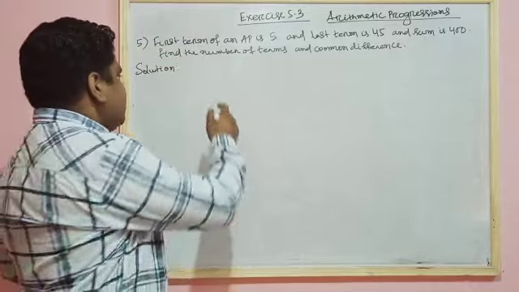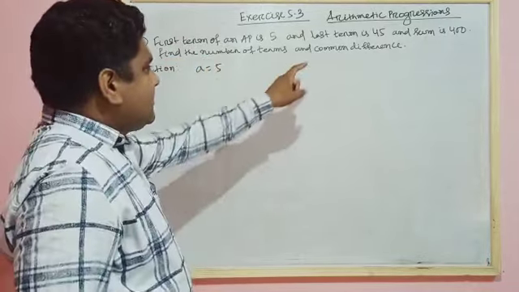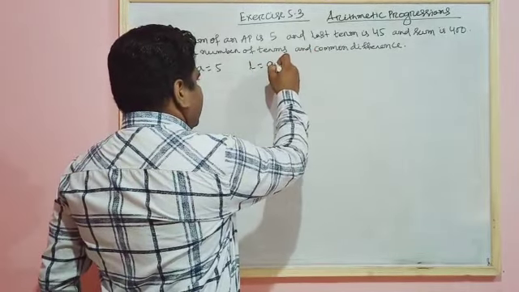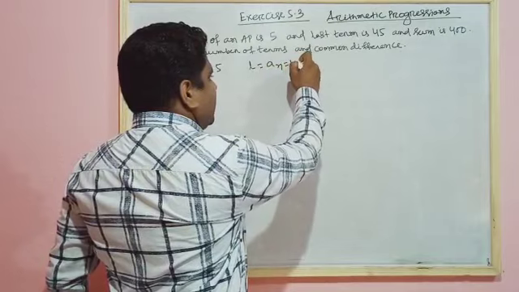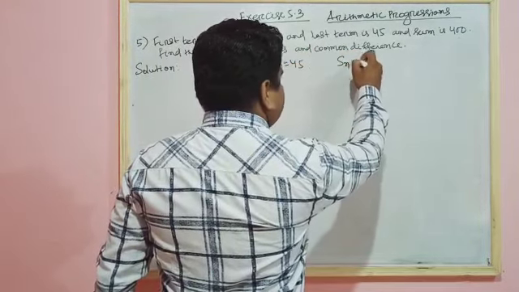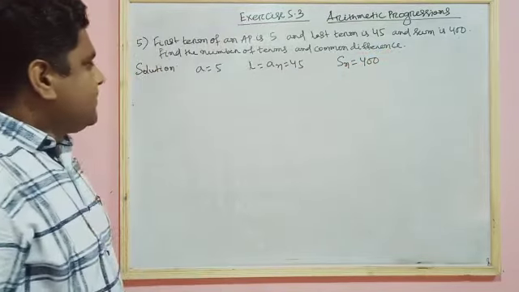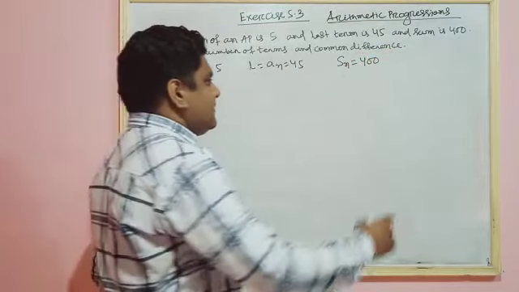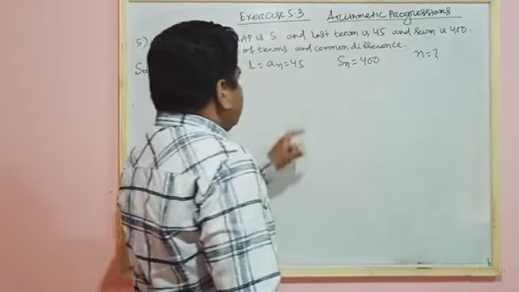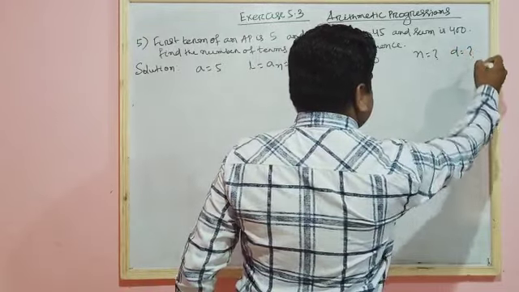Next question: the first term of an AP is 5. So we can write the first term a equal to 5. And the last term is 45. So the last term l or an is 45, and the sum, means the sum of n terms of this AP, is 400. Find the number of terms, means we have to find n, and also the common difference, we have to find d.